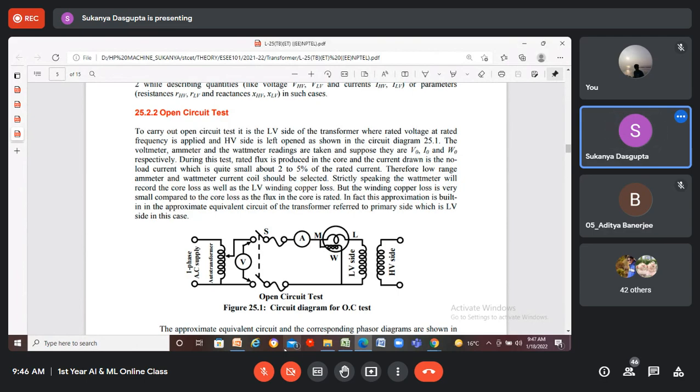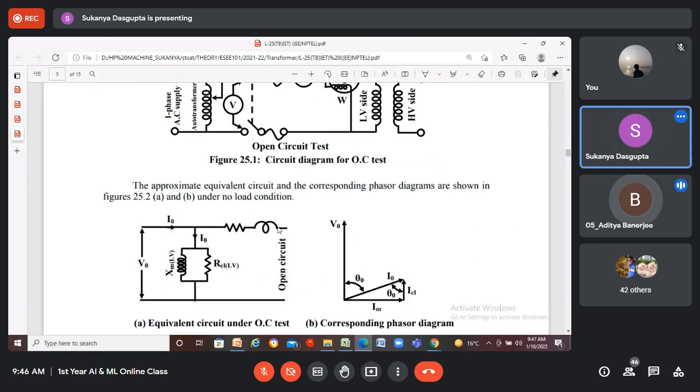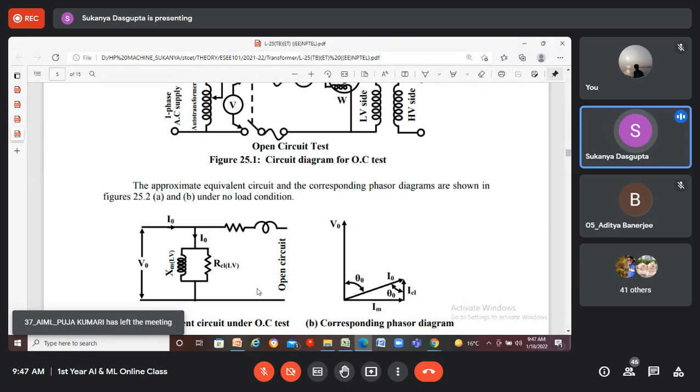That means there is a concept of R1, X1, the primary resistance and primary reactance in the equivalent circuit. If we draw the equivalent circuit, you will see this is the equivalent circuit. Is it visible? Yes, ma'am. Already I have explained this equivalent circuit. See, the equivalent circuit has only the input parameters, like the low voltage side parameters.